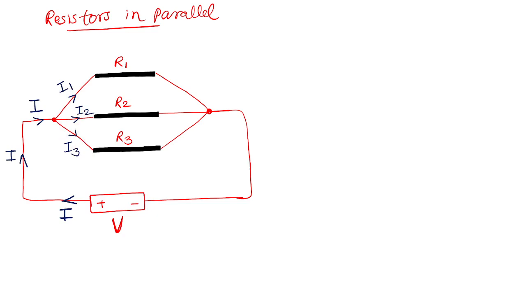But I can say that the total quantity of water entering the junction is equal to the total quantity leaving the junction. Actually it is a current. I1 plus I2 plus I3.